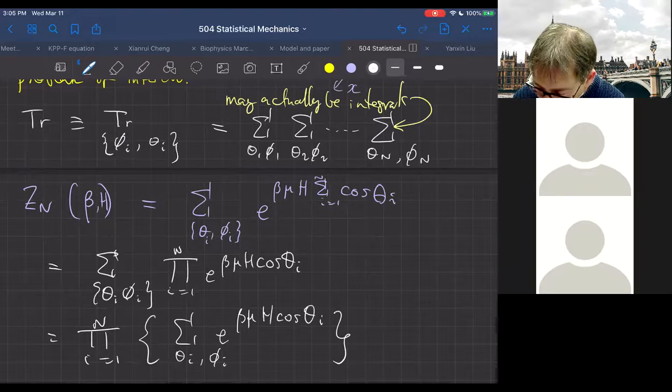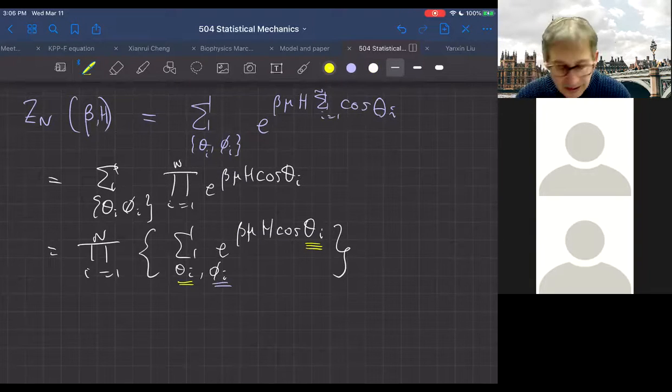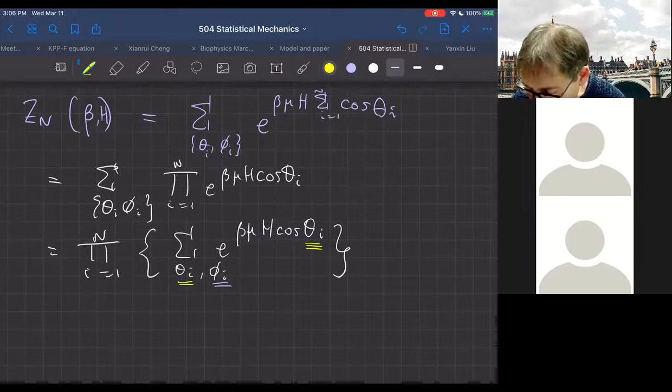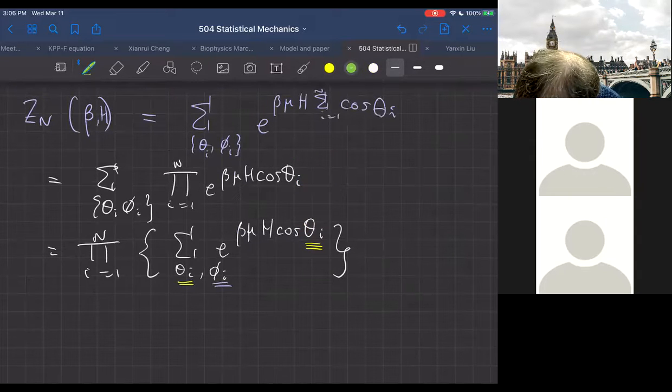And what I want you to notice in this term here is that this is called theta I. This one is called phi I. The phi I doesn't appear, but that's just because of the symmetry of the problem. The theta I appears here, but the theta is just a dummy variable. I could call it hippopotamus or walrus or anything I wanted. So this thing here, this is just a dummy variable.